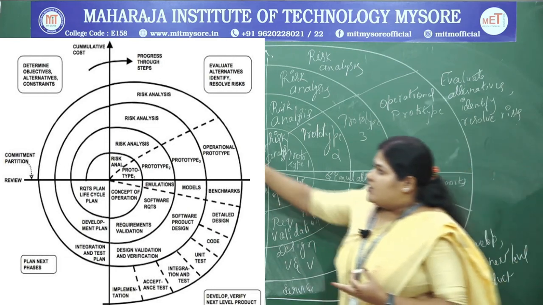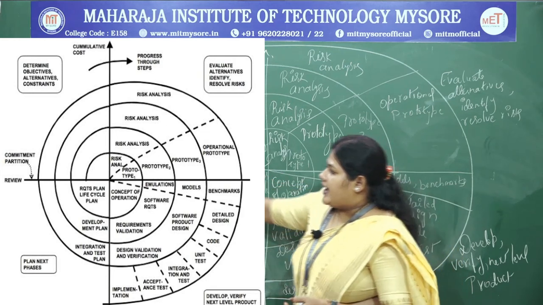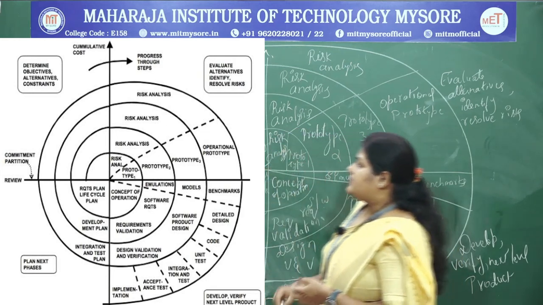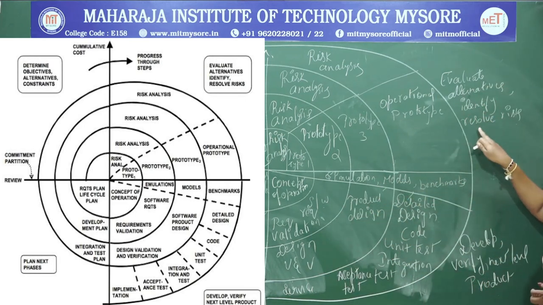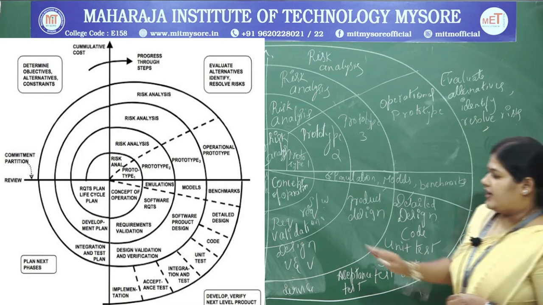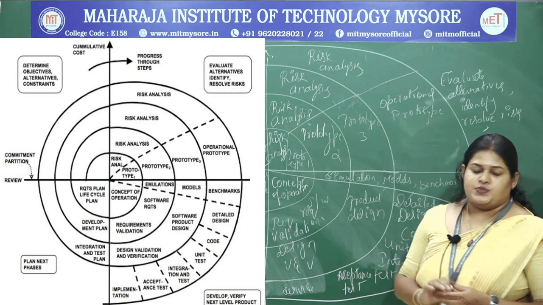The very first is where they determine the objectives, the alternatives and the constraints. The second phase is about evaluating the alternatives and identifying and resolving risks. The third one is to develop and verify the next level product, and finally, plan the next phase.